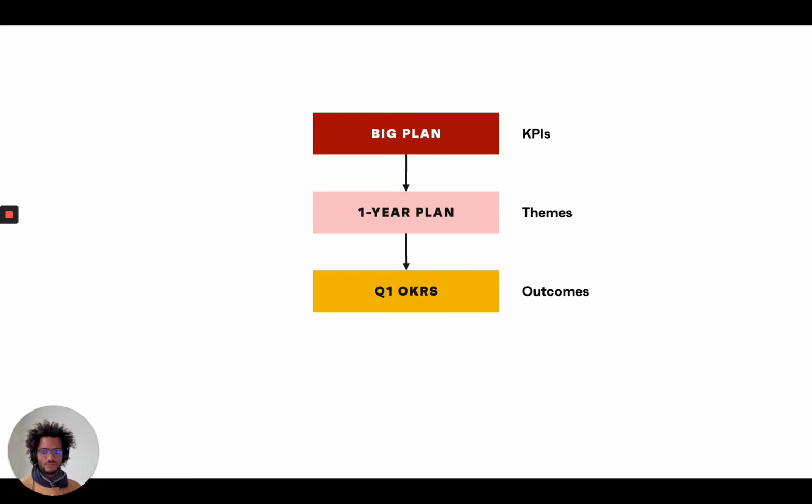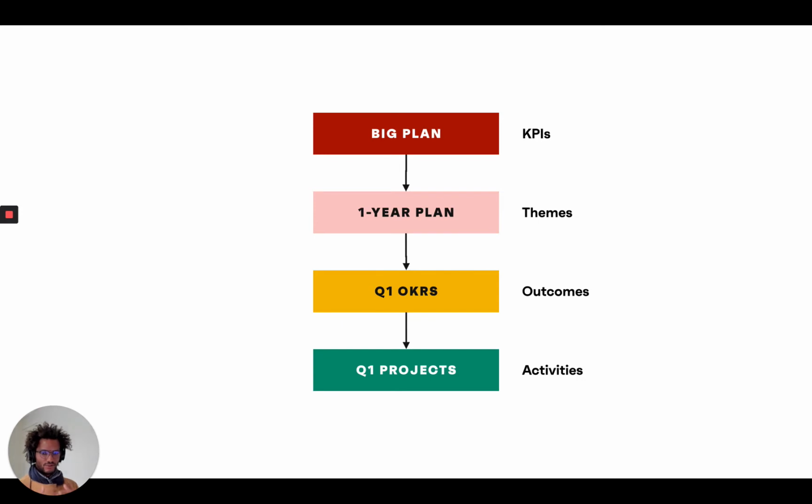What are the outcomes that we need to aim for in Q1, and we use the OKR model to express those. So what we're going to see today is how you can take that set of OKRs, that set of outcomes, and figure out the best projects to help you get there. As you can see on the right side, we went from KPIs to themes, from themes to deciding what outcomes we want in the next quarter, and from outcomes we're going to decide what are the best activities we can do as a team to get there.